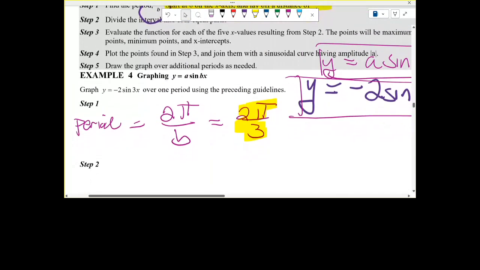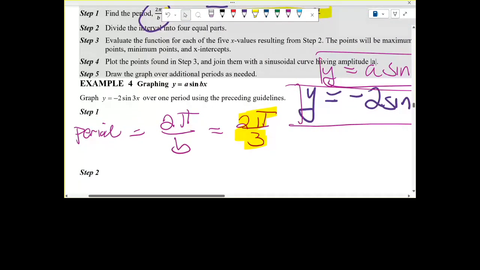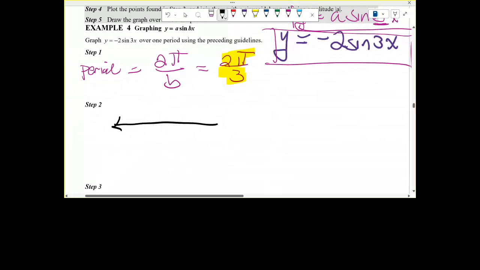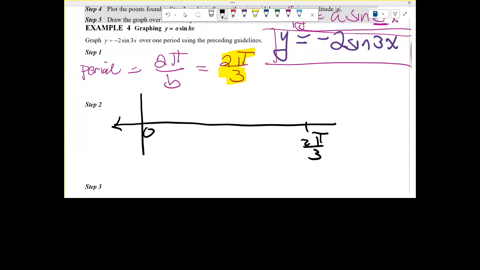Step number 2 says divide the interval into 4 parts. I'm just going to do it here and then we'll come back and fix it in a minute. Here's my x-axis. Here's 0. Here is 2 pi over 3. The first thing I want to do is find what's right in the middle. What do you think would be right in the middle between 0 and 2 pi over 3?